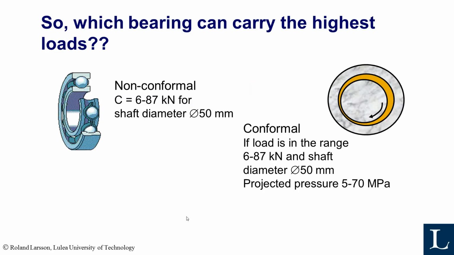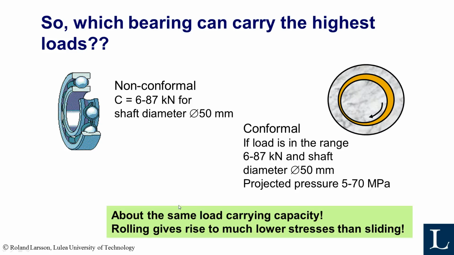So in the very beginning, in part 1, I asked which bearing can carry the highest load, and I can now say that both bearings can carry about the same load. And the reason for that is that this is under rolling motion while the journal bearing is under sliding motion.